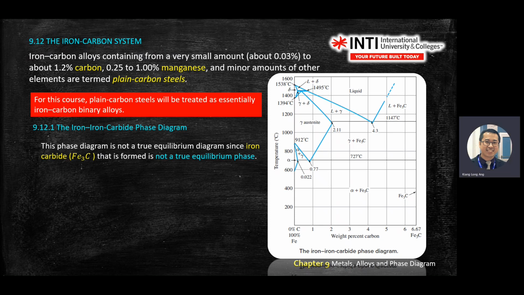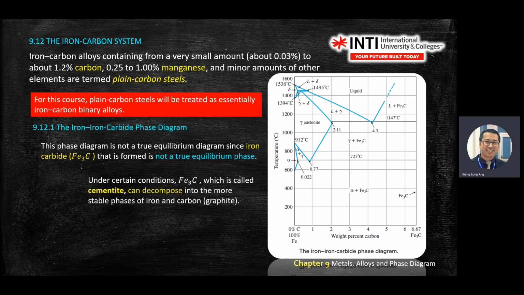The steel industry rarely gives you the recipe, because on this graph, once you can control the temperature and the percentage of the element, you can make the type of metal that you want.